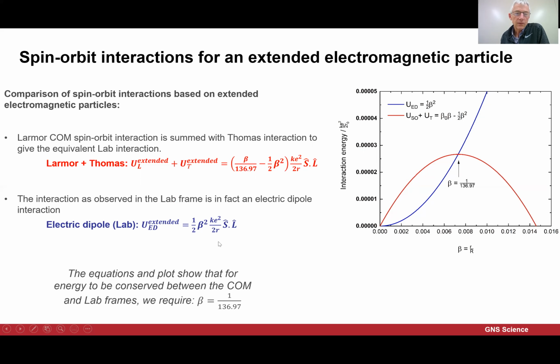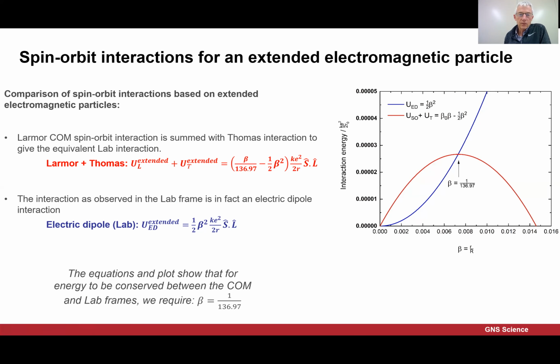These terms have to agree because they are equivalent expressions for the lab frame energy, and they only agree at a certain velocity, where beta equals 1 over 136.97.